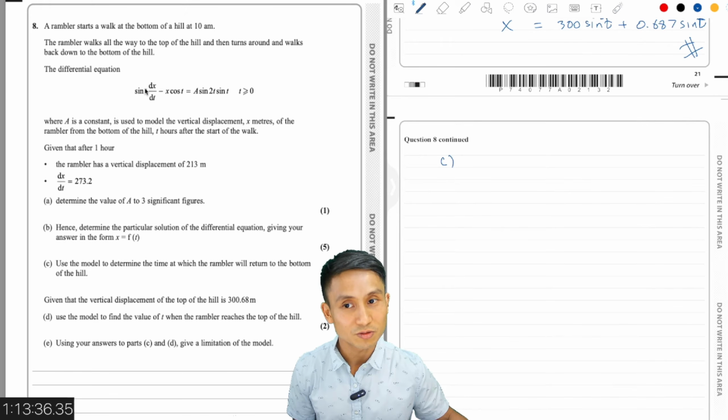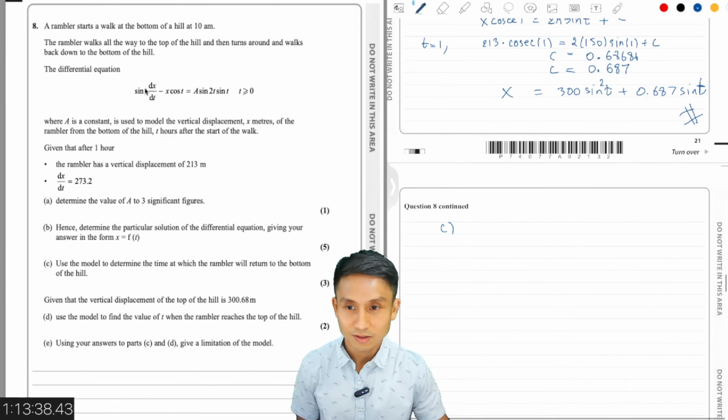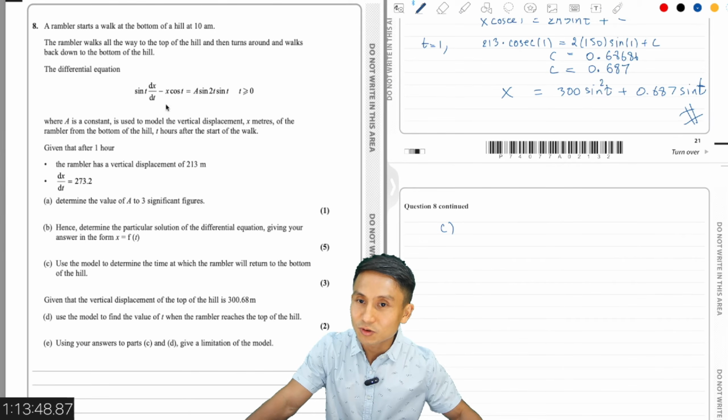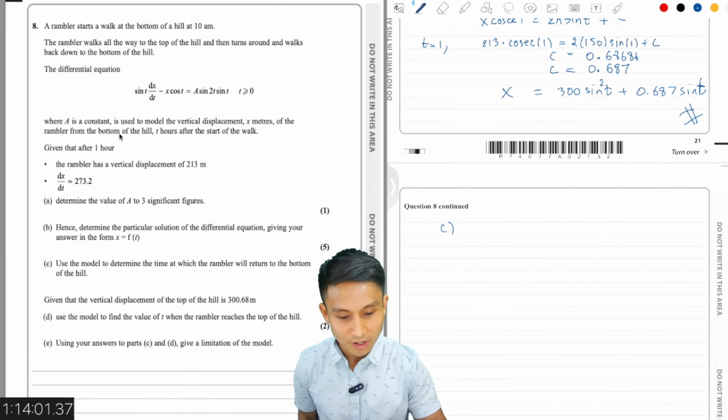If t equals 0, this side will be 0, this will be 0. So x is 0. Right, yeah, that makes sense because x is meters from the bottom. Alright, so we just put the whole equation to 0 basically.